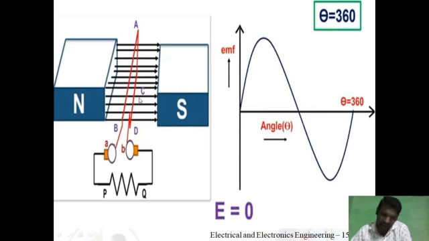Therefore, no flux is cut and no EMF is induced. The EMF induced is 0. From theta 270 degrees to 360 degrees, the EMF induced is decreasing, because the rate of change of flux linkages, or the rate of flux cutting, decreases. Therefore, the EMF induced decreases and reaches 0.